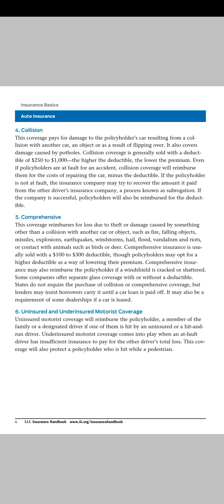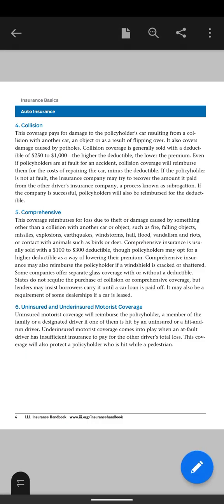Number 6. Uninsured and underinsured motorist coverage. Uninsured motorist coverage will reimburse the policyholder, a member of the family or a designated driver if one of them is hit by an uninsured or a hit and run driver.